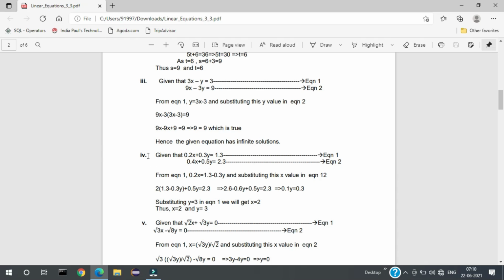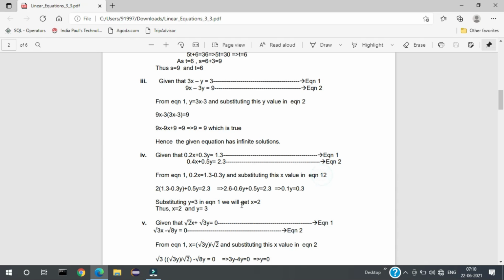So coming to fourth one. Given that 0.2x plus 0.3y equals 1.3, 0.4x plus 0.5y equals 2.3. So these are the two equations. So from equation 1, 0.2x equals 1.3 minus 0.3y and substituting this x value in equation 2.